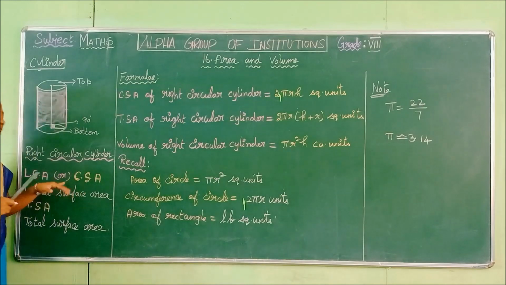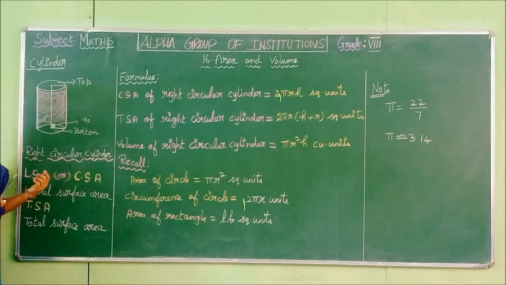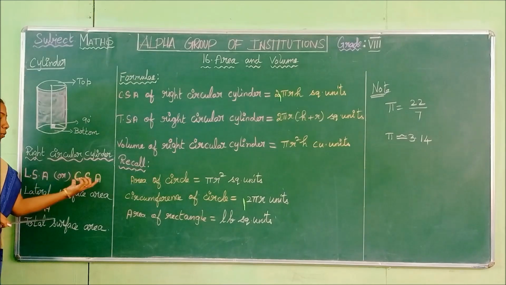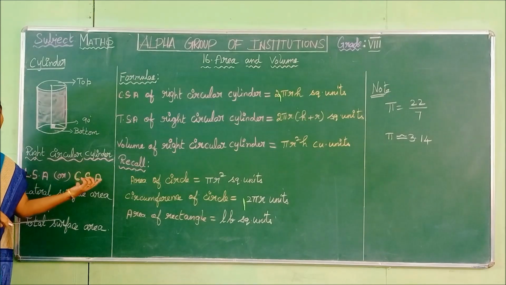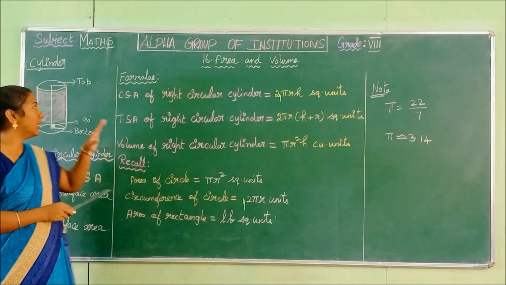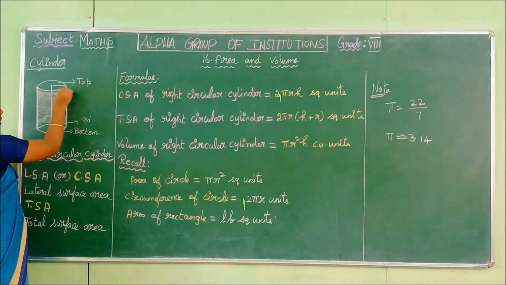Okay. And also, in case of cube and cuboid, we already discussed LSA. Do you know what is meant by LSA? LSA means lateral surface area. Here, instead of using the term LSA, we are going to use the term CSA. What is meant by CSA? Curved surface area. That is, except the top and the bottom, this portion only.